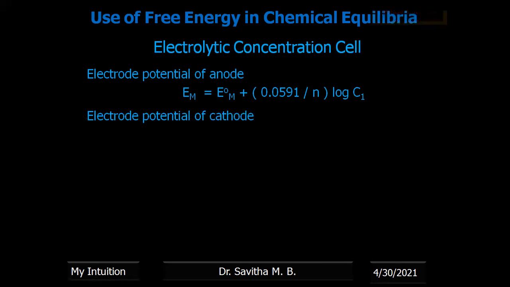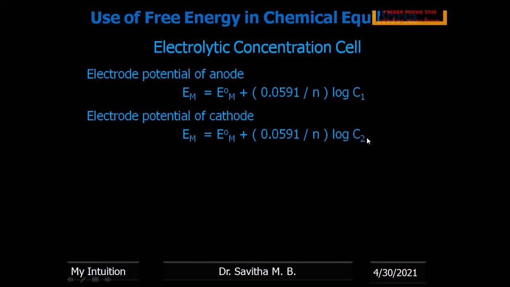Similarly, for the metal acting as cathode, the Nernst equation is again E naught of metal plus 0.0591 divided by n log of C2, because we are now writing it for the cathode compartment, wherein the concentration of metal ions is C2. So for a single electrode, whether anode or cathode, the general reaction is the same, only the concentration is different.